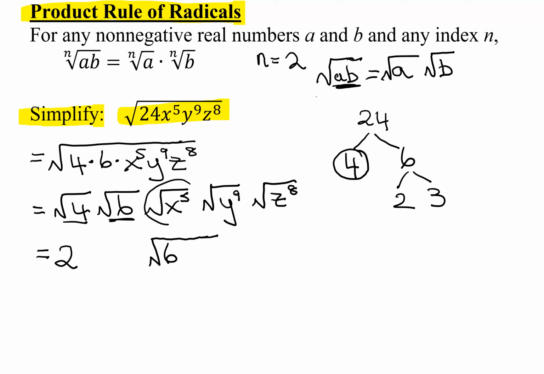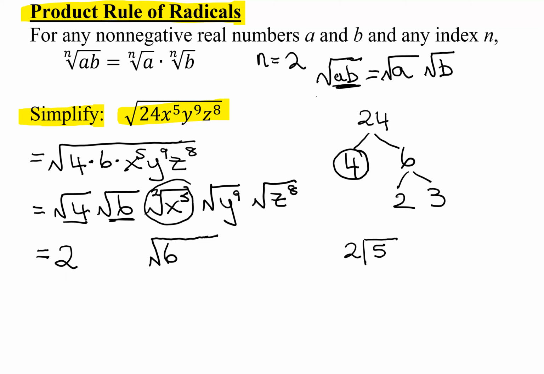Now let's look at the square root of x to the 5th power. There's a shortcut method to simplify this, and the shortcut method is remembering the index is a 2. The shortcut method says you take the index and divide it into the exponent.